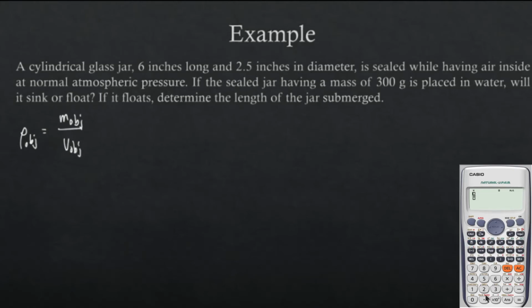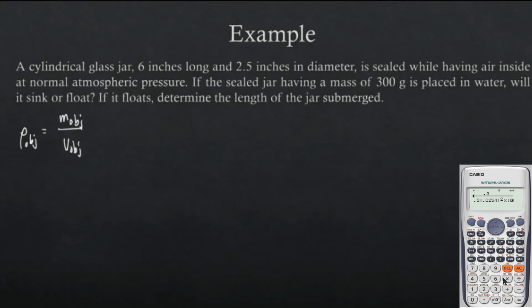The mass of the object is 300 grams. Let's convert that to kilograms. That's 0.3 kilograms. And for the volume of the cylinder, we have pi over 4 times the diameter squared. Our diameter is 2.5 inches. Convert that to meters by multiplying by 0.0254, and this is squared.